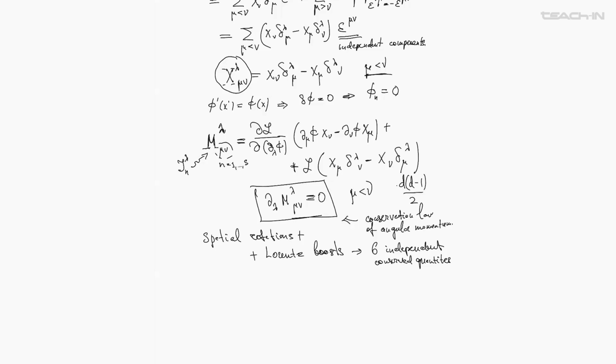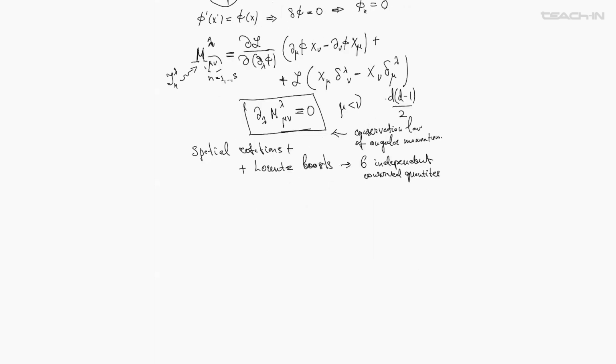Now let's note the following, that this formula here for the angular momentum tensor can be rewritten in the following way. I will slightly regroup the terms. So I write M^λ_μν in the following way.